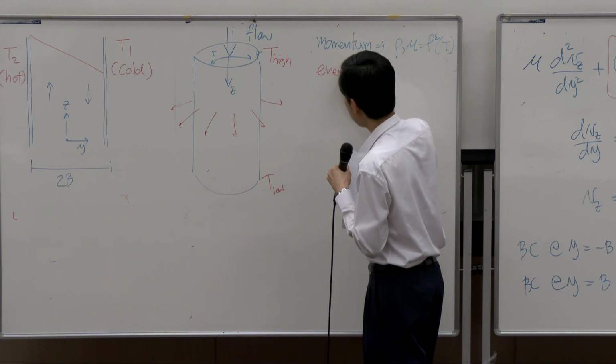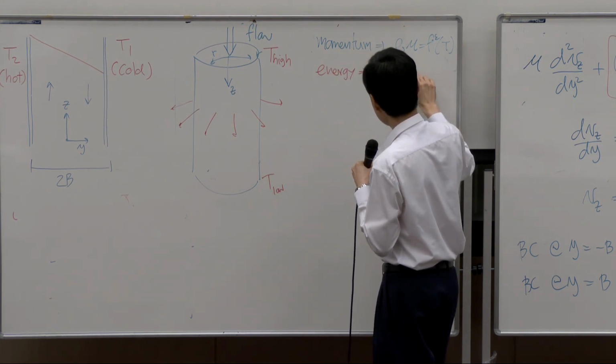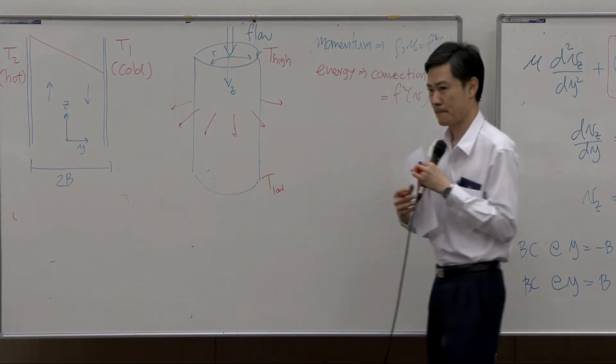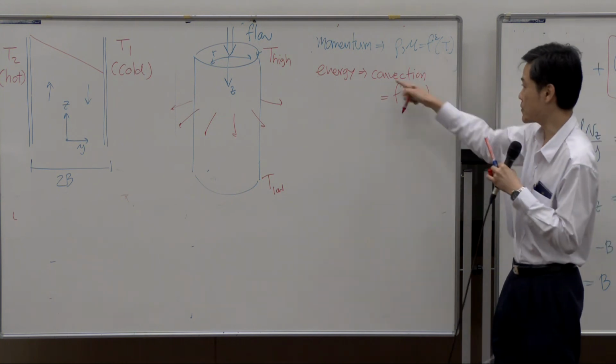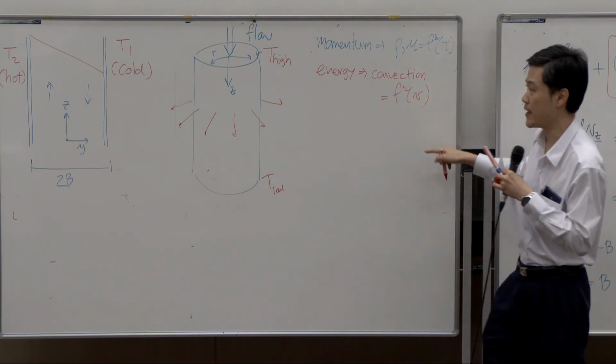For energy, basically convection is a function of velocity. In this case, of course, flow work is also a function of velocity.